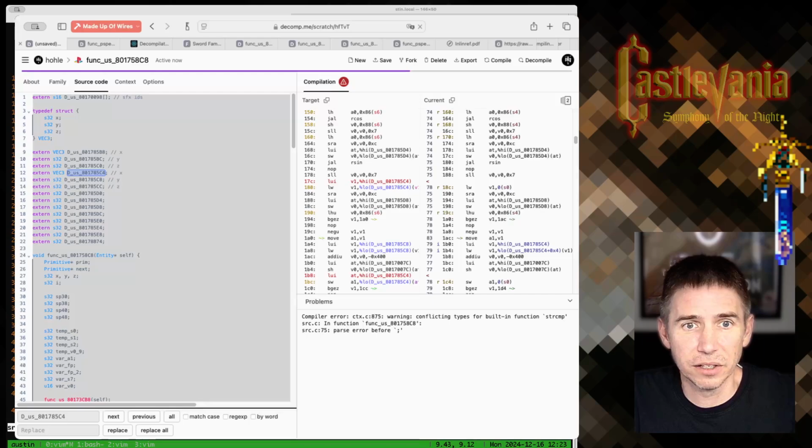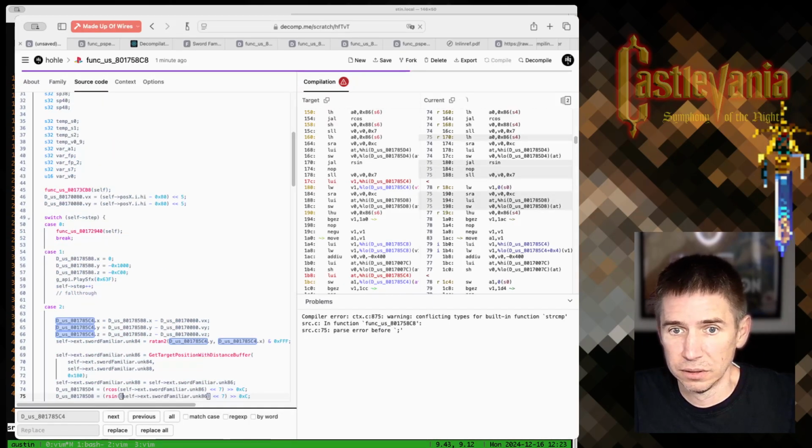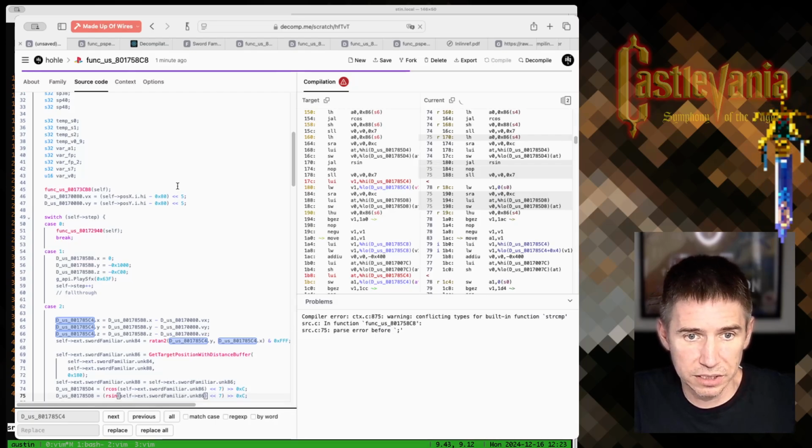So at this point, I'm going to take it over to the PSP and see. Oh, I screwed something up. It looks like I forgot a parenthesis.